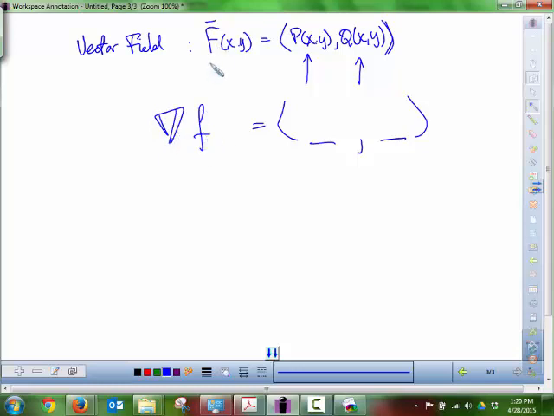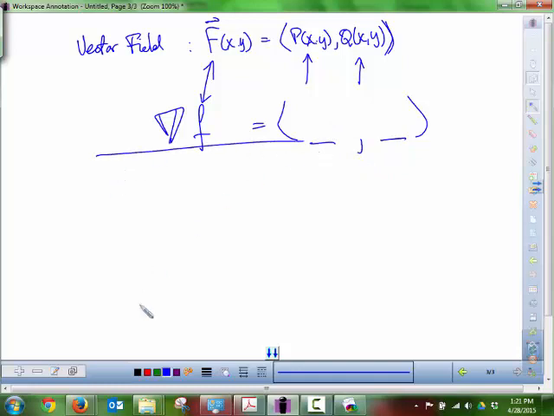I want you to look at this f and this f and convince yourself that those are different f's. Not only are they different letters, capital and lowercase, this one has an arrow on top, this one doesn't, and that's the big difference. So the gradient of this function turns out to be a vector, not only a vector, but a vector with x's and y's in it. So that would qualify as a vector field.